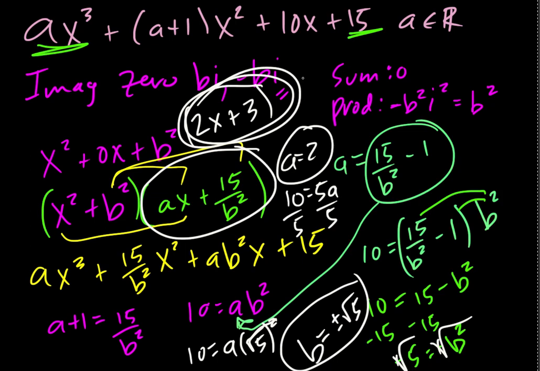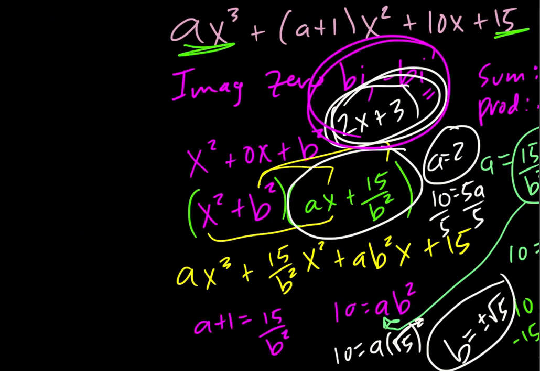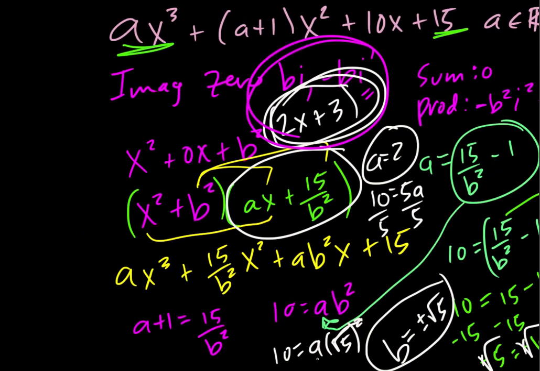We almost have everything right here, so all this is going to help us. So we have bi, we have negative bi, and then we have 2x plus 3 is equal to 0. That is going to help us find all those zeros.